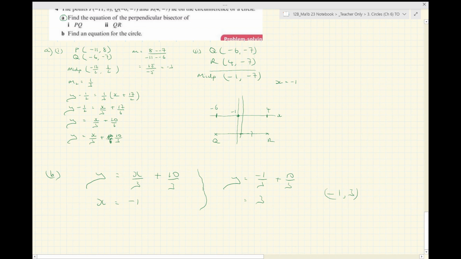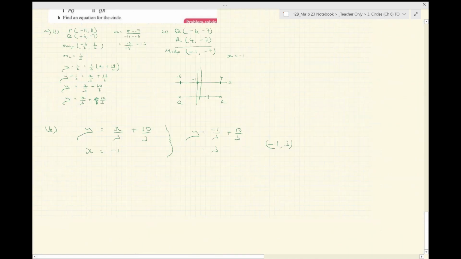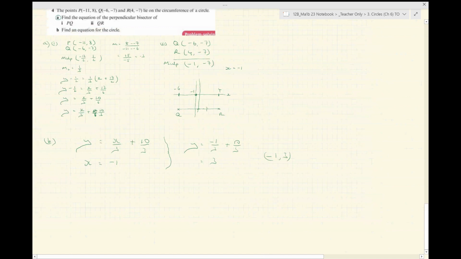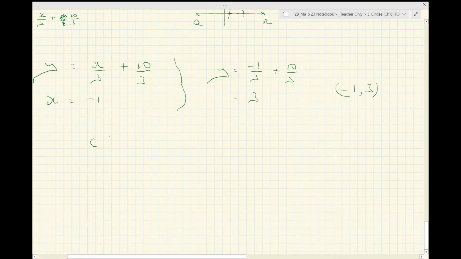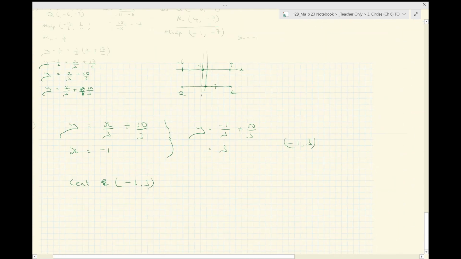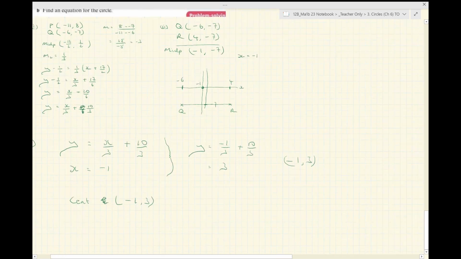Okay. I also need to know the radius of the circle, because otherwise I can't write down the equation of the circle. So how shall I find the radius of the circle? Well, the radius is going to be the distance between the centre, which is -1, 3. Write that one down, -1, 3. I better call that C, just in case I confuse it with the point C, the centre of the circle, and any point I want to on the outside of the circle.